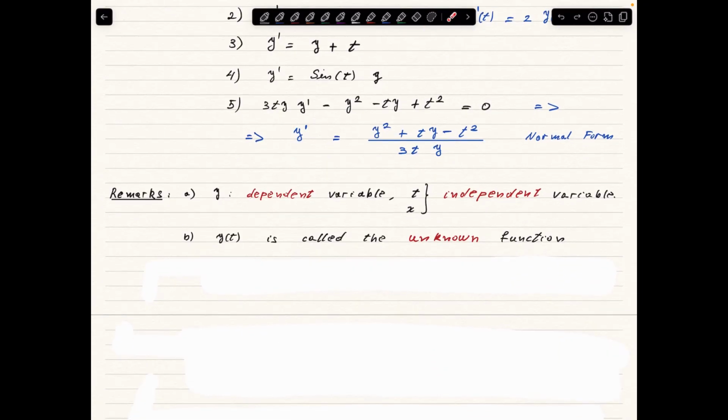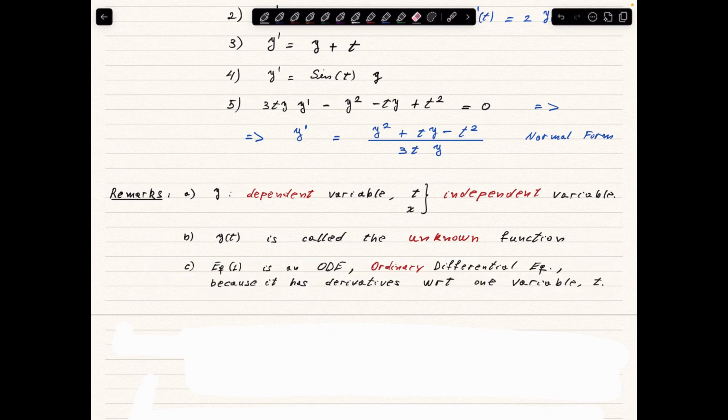All the differential equations we have seen up to now are examples of ordinary differential equations. An ordinary differential equation is a differential equation that contains derivatives with respect to only one independent variable t, for example. So like all these examples here.